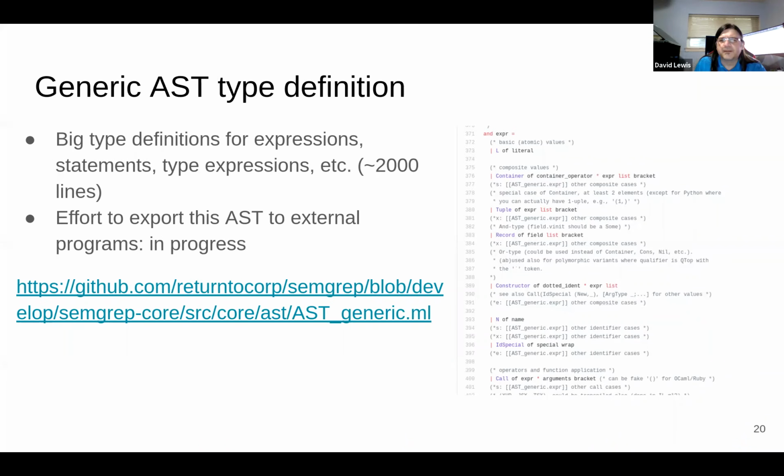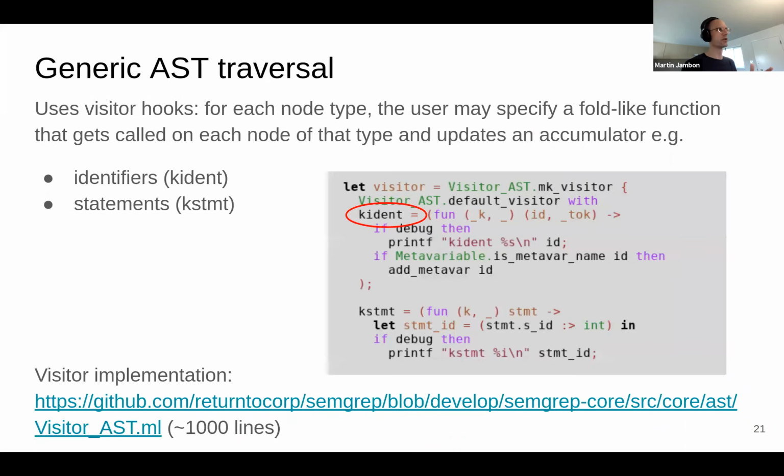This huge AST needs to be traversed when we do several different operations. One of the big operations is matching, but we do other things, constant propagation and optimizations and this and that. And we can't really have 1,000 lines of pattern matching each time if we want to just scan the tree for something.